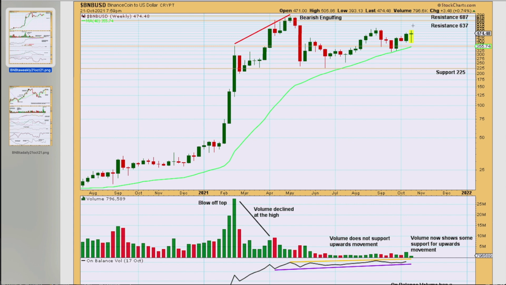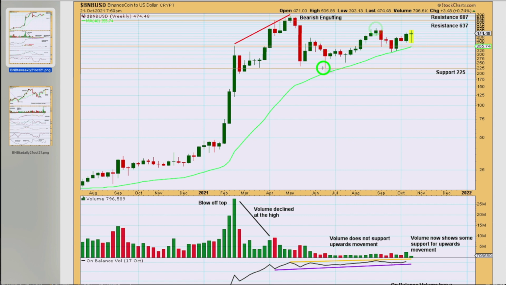So resistance about 67, actually a little bit lower. Resistance about 518, and support, really strong support about 225. In the middle though, some resistance and support about 355, just a little bit above. So it's moving sideways in this consolidation.